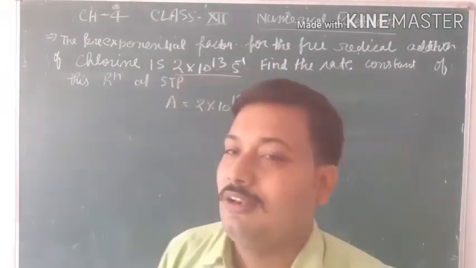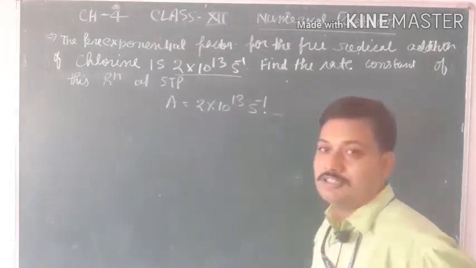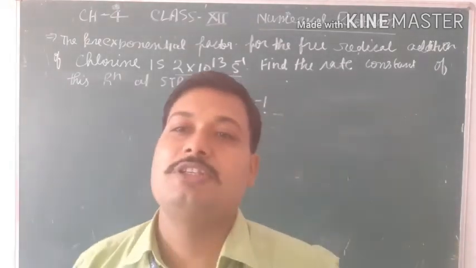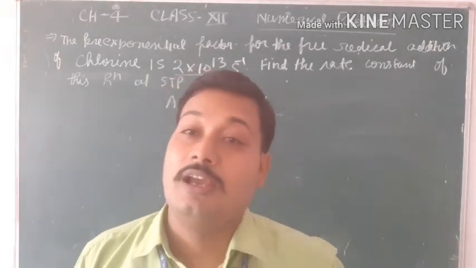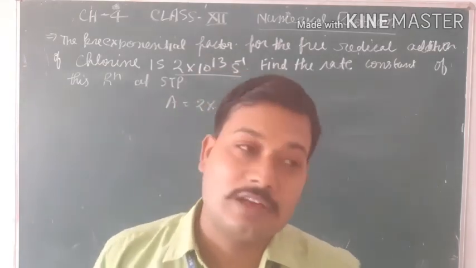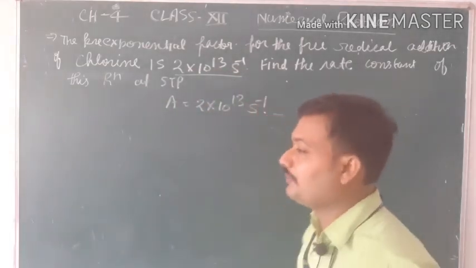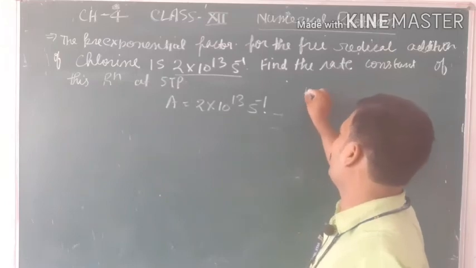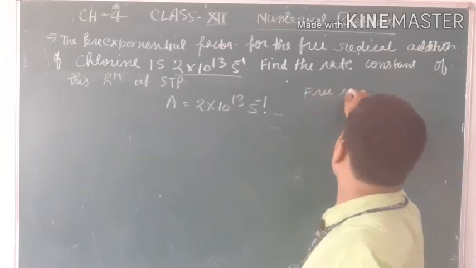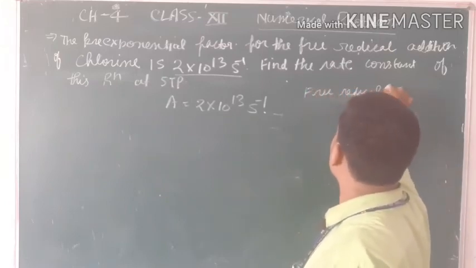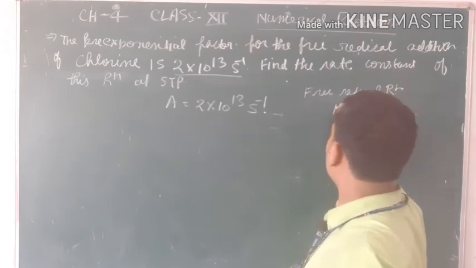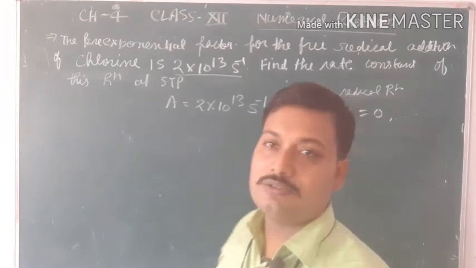As you know very well, a free radical reaction depends on photolysis, that is light, electricity, and other external factors. So there is no requirement of activation energy. So for the free radical reaction, Ea is equal to 0.